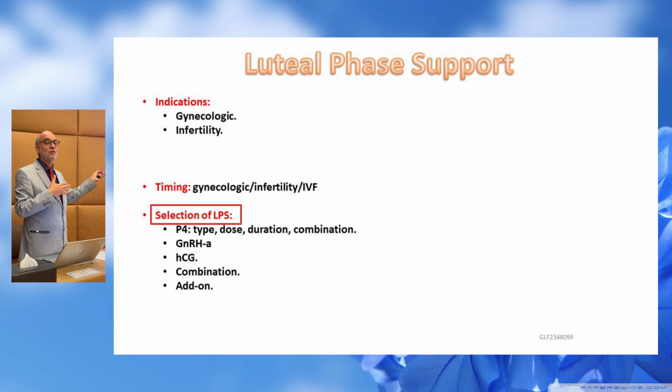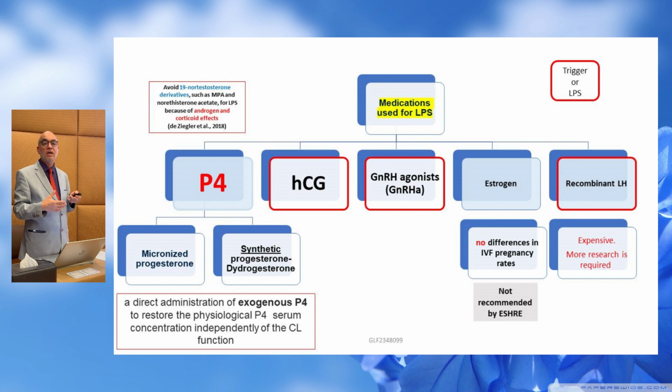And this is the title of the topic. Sorry for the long introduction. But which type of luteal phase support do I give to the patients? We have 4 types of support as mentioned in textbooks. Regarding the support, we have progesterone, we have HCG, we have GnRH agonist, and we can give recombinant LH or estrogen.